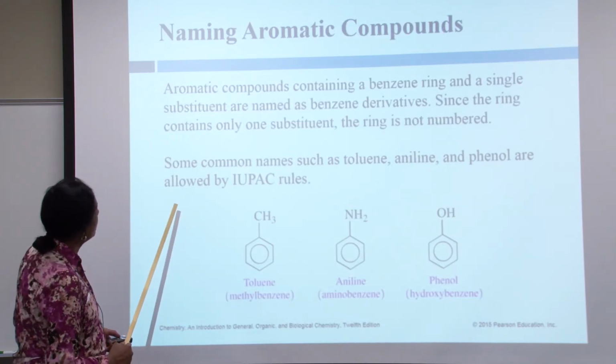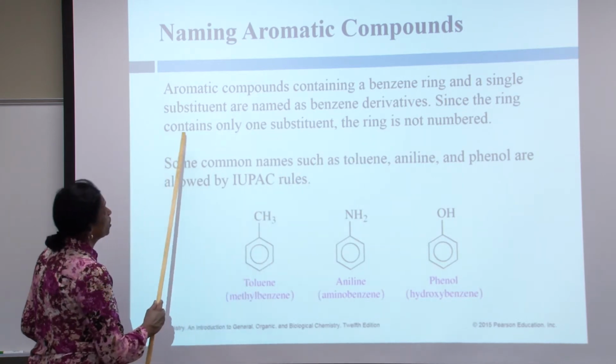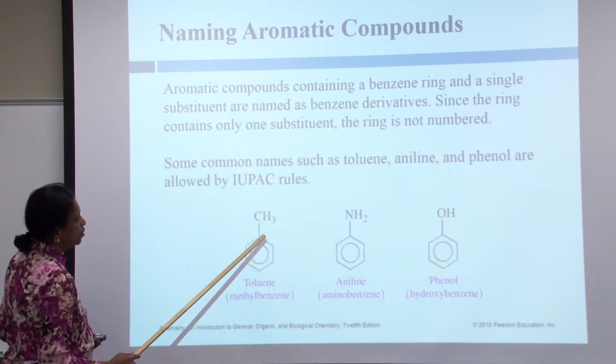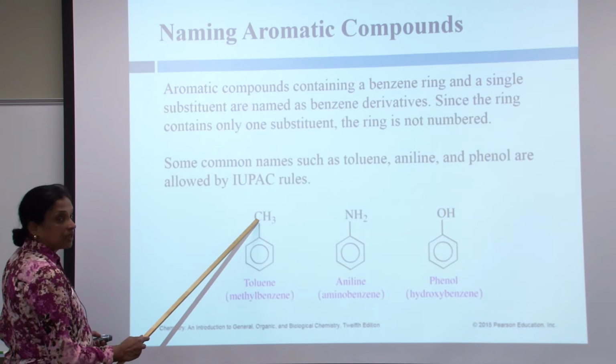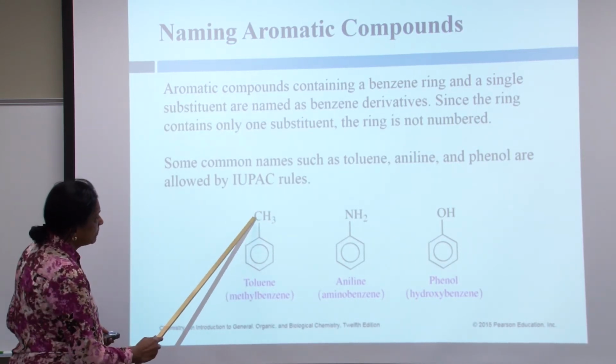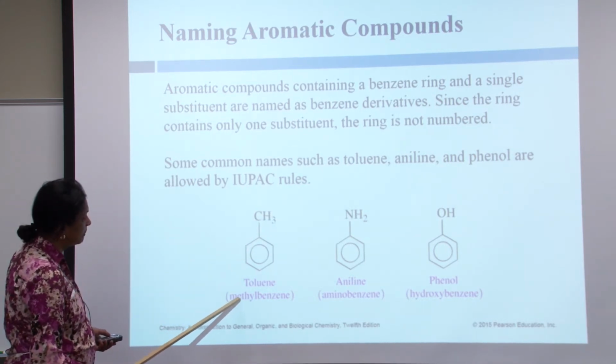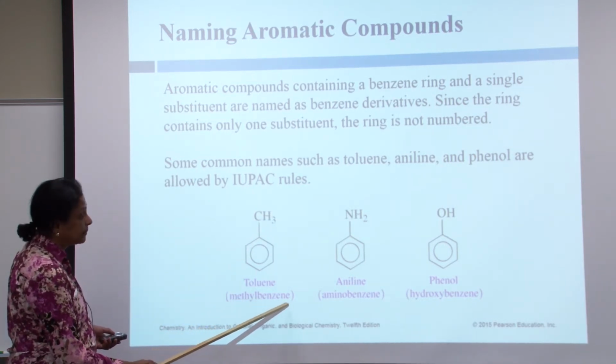Now, naming aromatic compounds. A single substituent is named as a benzene derivative. So benzene, adding a substituent. This substituent is a methyl group, so our IUPAC name will be methylbenzene.